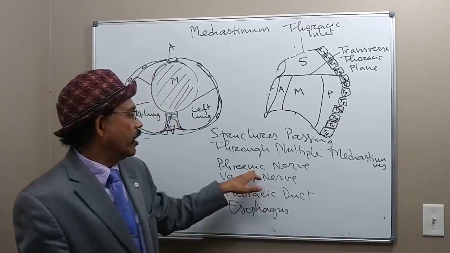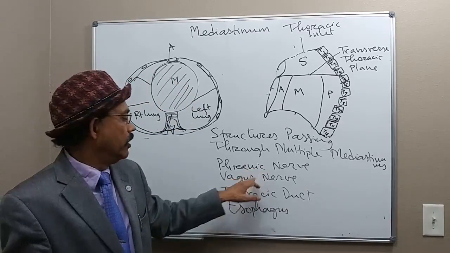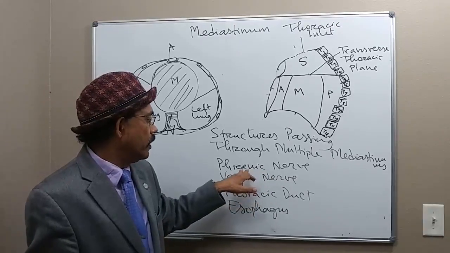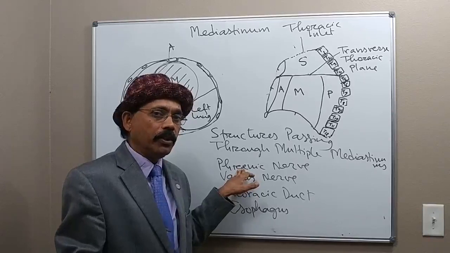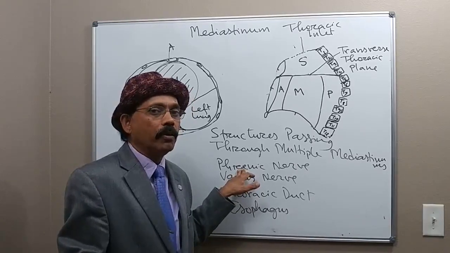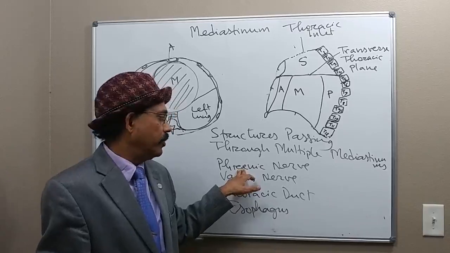So phrenic nerve mostly innervates the diaphragm, but it also innervates other structures. It reaches the diaphragm's under surface in the abdomen.